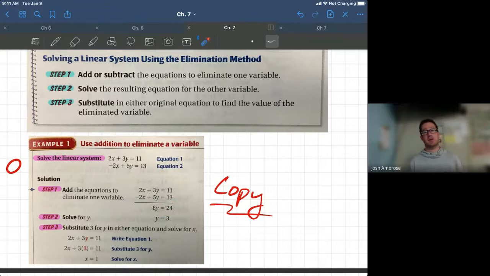And then solve for y. Y is going to be 3. Now that right there is only half of your answer, but it is the majority of all the work that you needed, because now all you have to do is take that value of y equals 3, and you can plug it in to either this equation or this equation and solve for x.